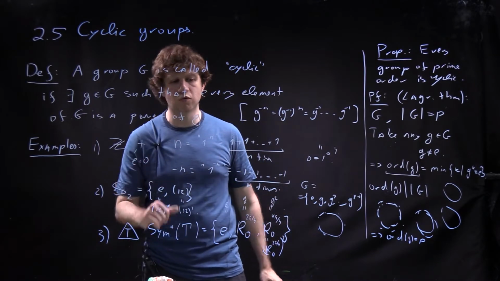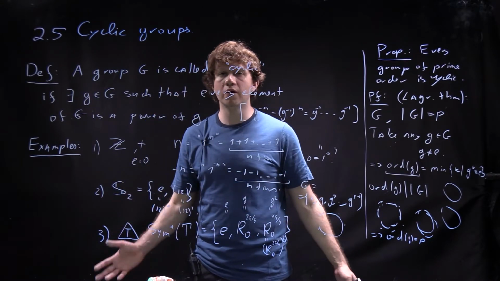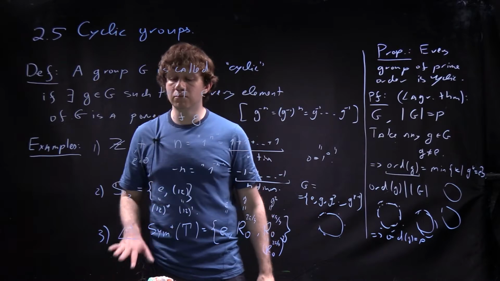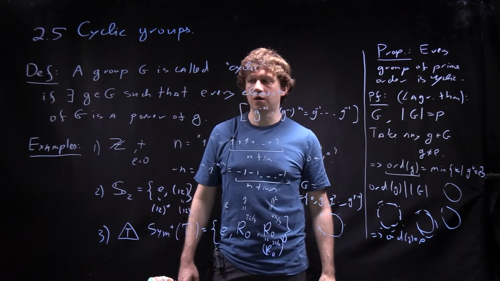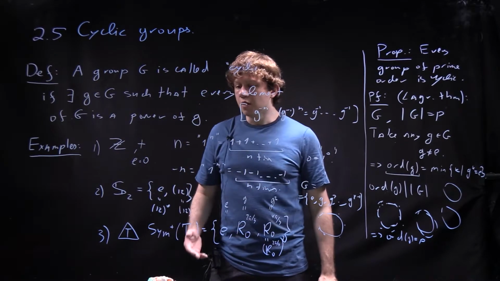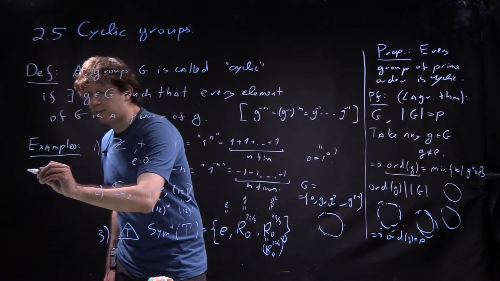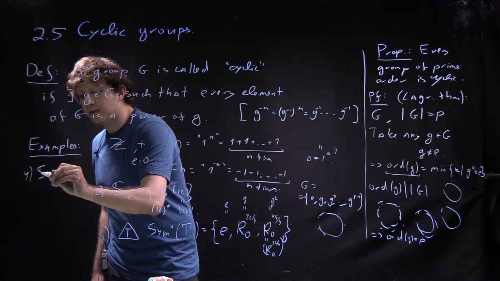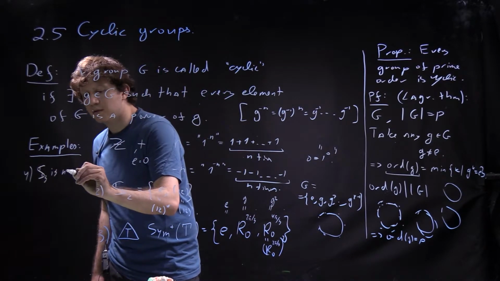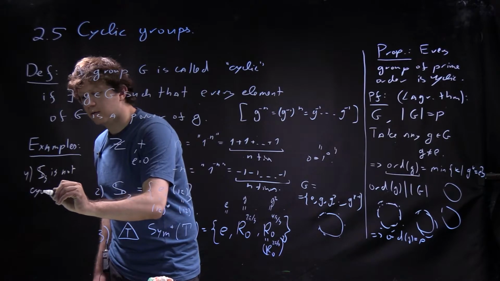And with groups of order 4, 8, 6, and so on, there are different options. For instance, maybe non-example, S3 is not cyclic.